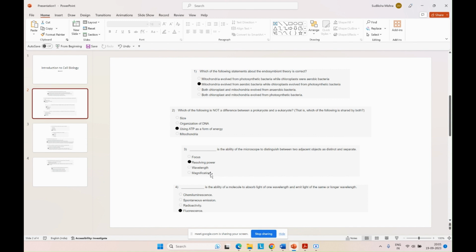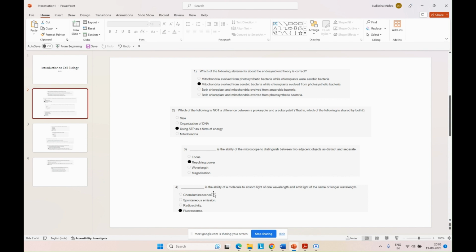That is the ability of a molecule to absorb light in one wavelength and emit the same or longer wavelength. Now, chemiluminescence is not that. Chemiluminescence is more related to the mixing of certain reagents, which gives you a new compound that is chemiluminescent in nature, which is not what we are interested in.